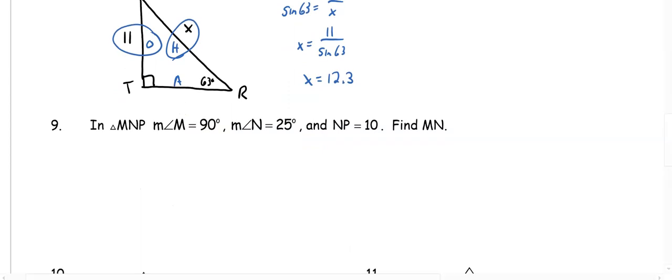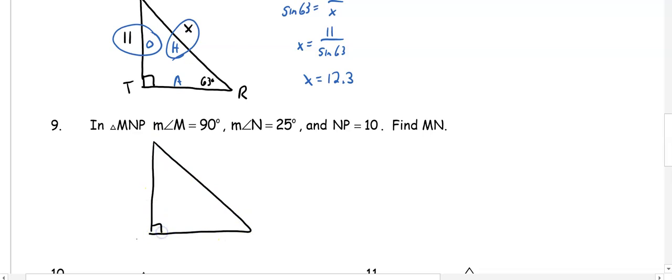In number 9, when we draw our right triangle, our right angle is M. Our next angle, N, is 25 degrees, and our last angle is P. We know NP is 10, and we want to find MN, which is x. So if we look at our sides here and we label, we have opposite, hypotenuse, adjacent.